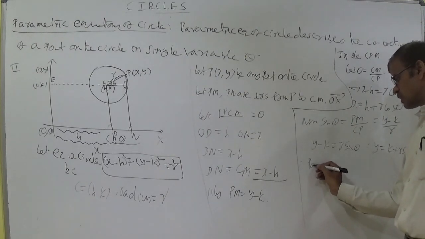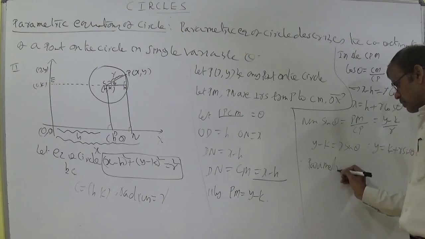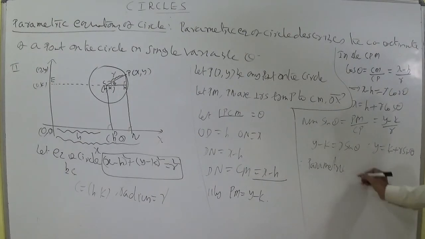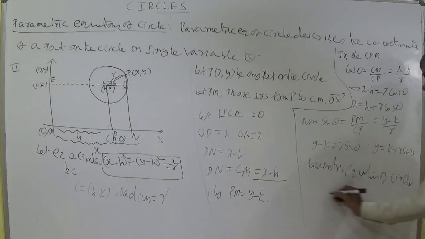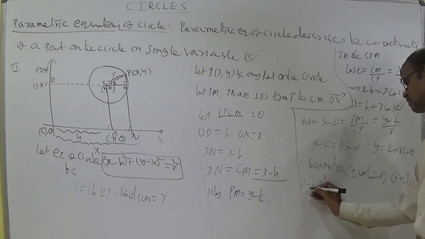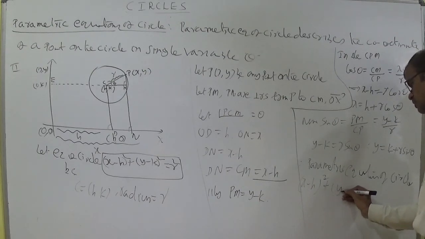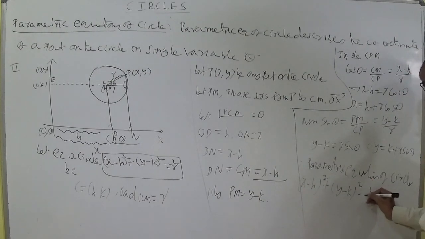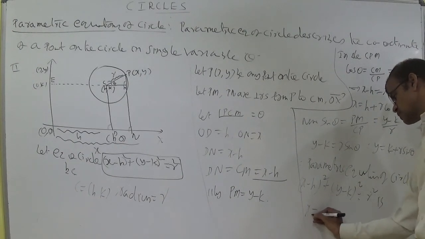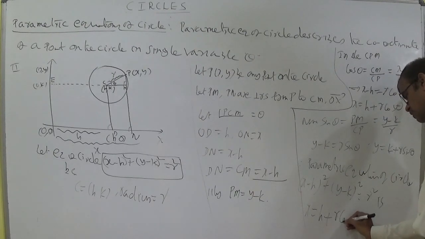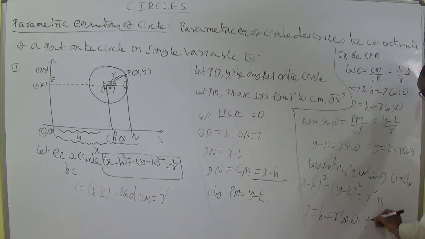Therefore now I am giving the conclusion to you: parametric equations, or parametric points, of the circle x minus h whole square plus y minus k whole square is equal to r square are x is equal to h plus r cos theta and y is equal to k plus r sin theta.